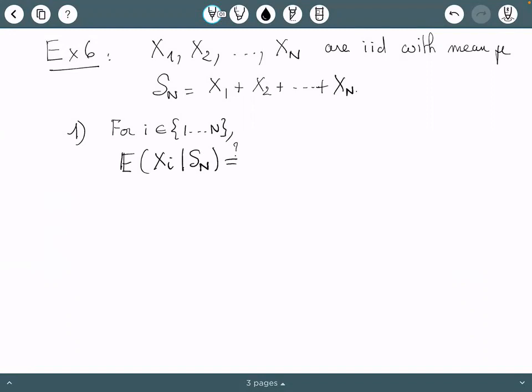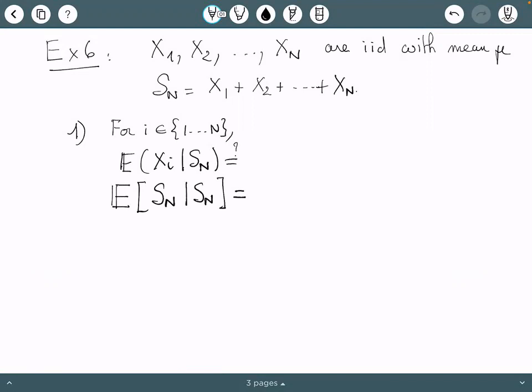Now, to do that, we have to use a symmetry argument. There is something very simple: the expectation of Sn given Sn is equal to what? Sn, yes, exactly.